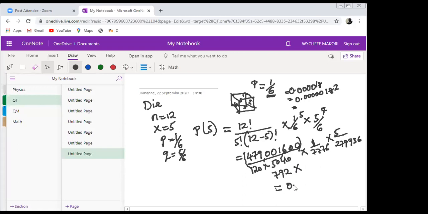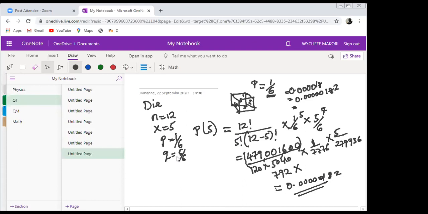There is supposed to be 5 zeros because it's actually power something -6. So it's supposed to be 1, 2, 3, 4, 5, 1, 8. So it is a probability of that magnitude. So it was supposed to be 5 zeros here. So that is how we normally do it.